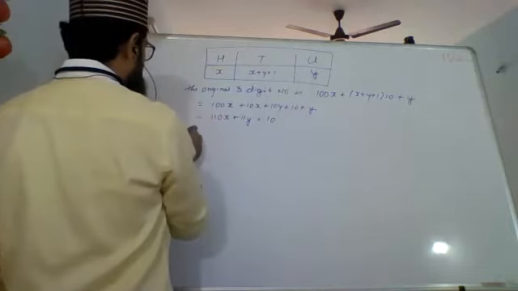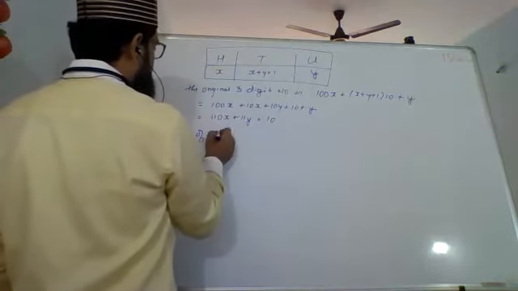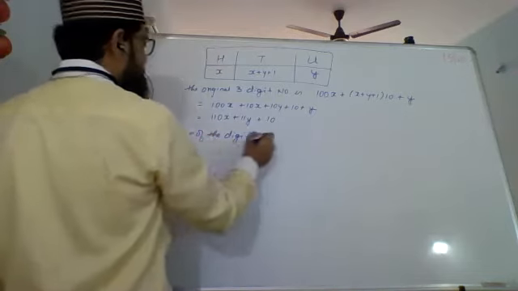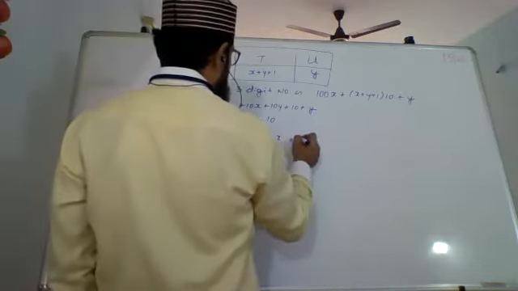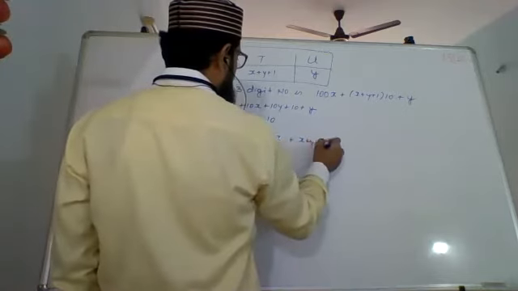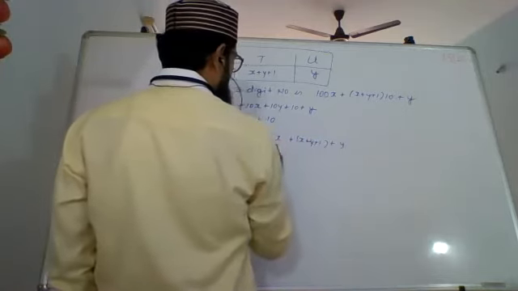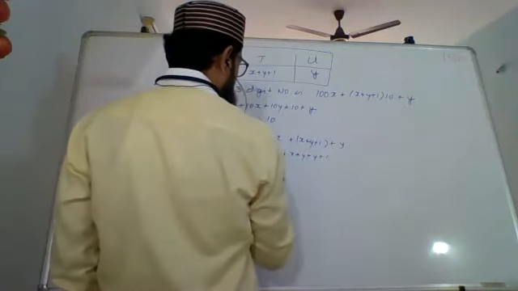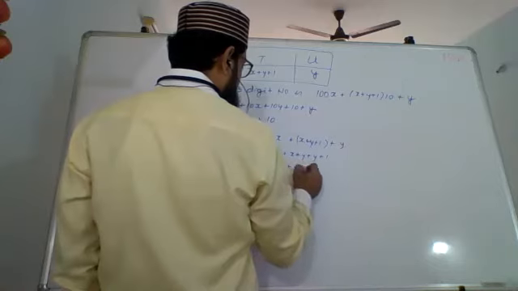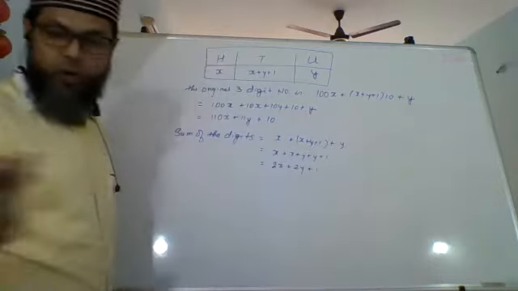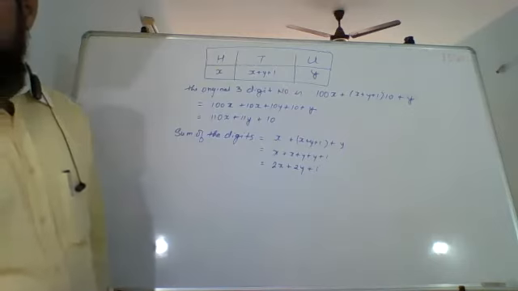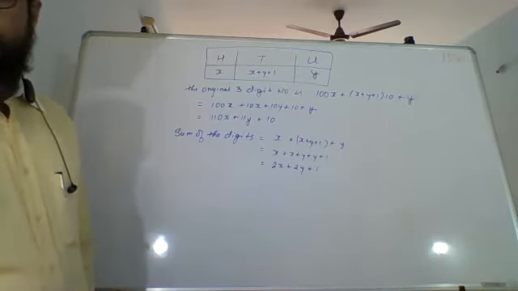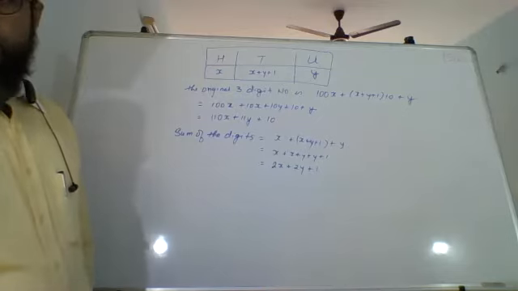The sum of the digits is x plus (x plus y plus 1) plus y, which is 2x plus 2y plus 1. Till here clear? Yes, sir.